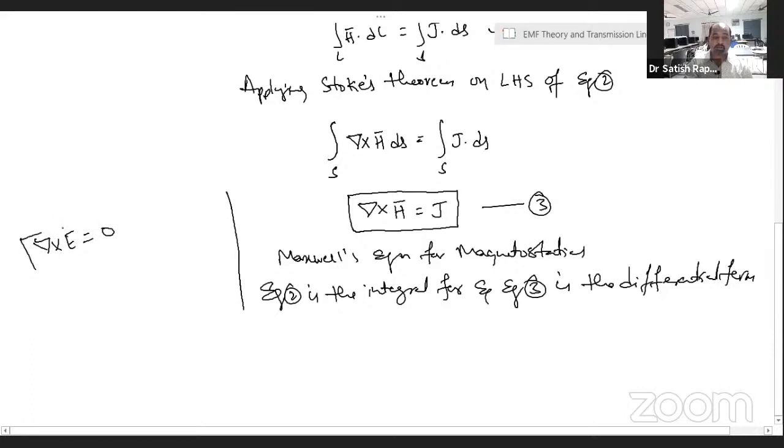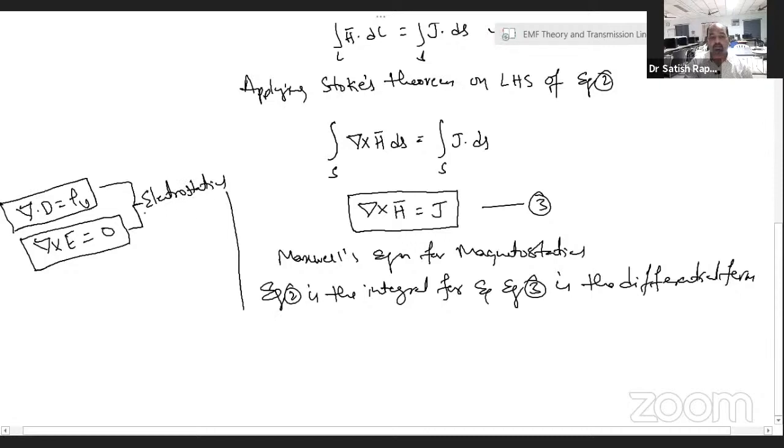Earlier we also defined that del cross E is equal to 0. So this is one Maxwell's equation. For electrostatic fields, del cross E is equal to 0 and del dot D is equal to rho v. So these are the two Maxwell's equations for electrostatics, and del cross H is equal to J, and one more equation we will derive later.